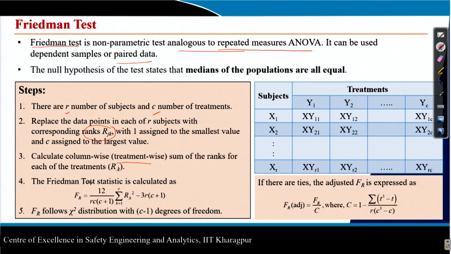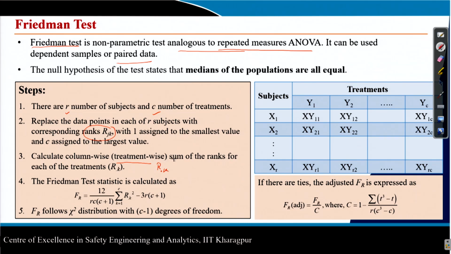As we are using column-wise, we write R dot k, because each cell is represented by j k. J stands for column, k stands for row, k equal to 1 to r, j equal to 1 to c. So, the column sum means it is summed over the r number of rows. That is why the dot is put here.